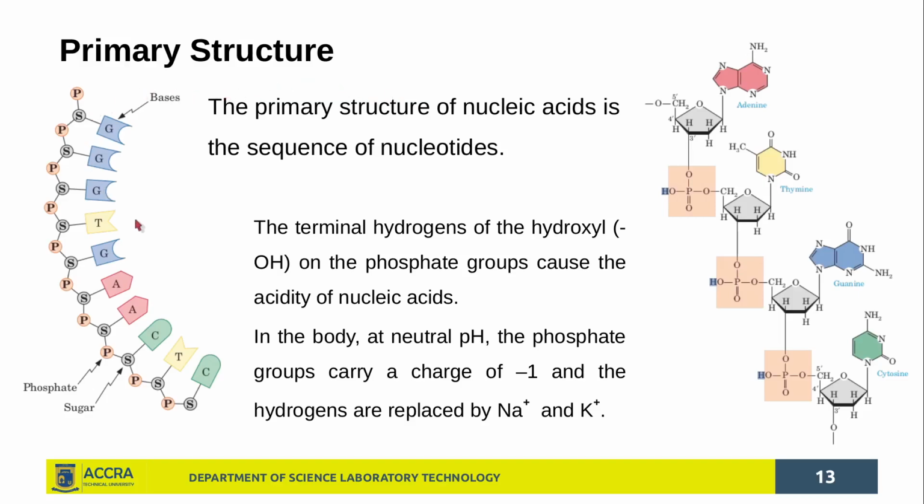So this structure can be seen more in detail, where you see, say, this is adenosine, which you see the nitrogenous base adenine on the pentose sugar, and then there will be a phosphate group on carbon number 5, which is now bonded to another nucleotide. This is thymidine.